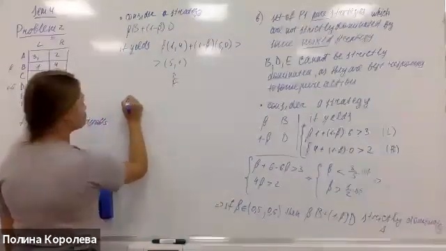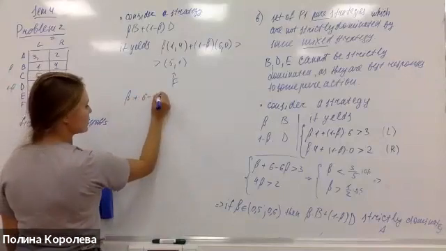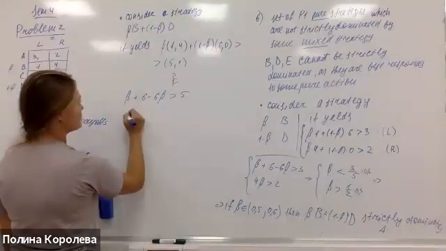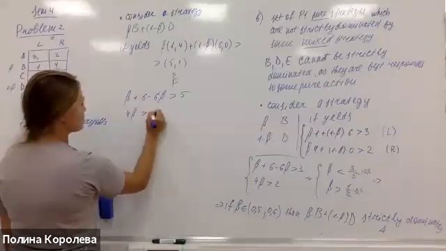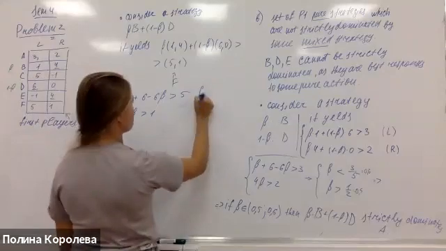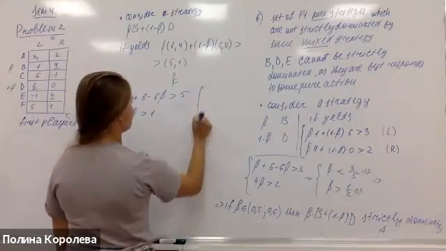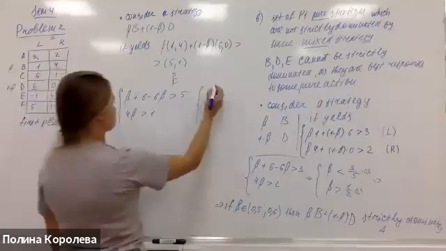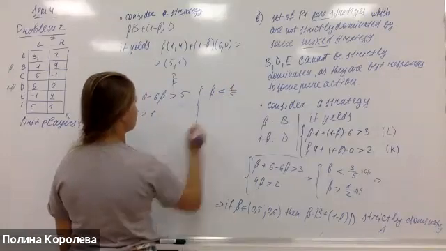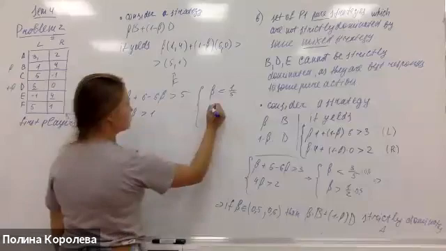Okay, and let's write like this. So here will be beta plus 6 minus 6 beta should be greater than 5, and 4 beta should be greater than 1. What do we see? We see that beta should be less than 1/5, and beta should be greater than 1/4.